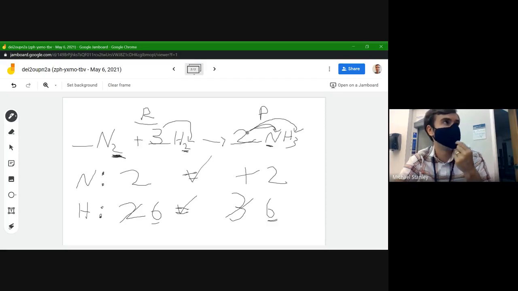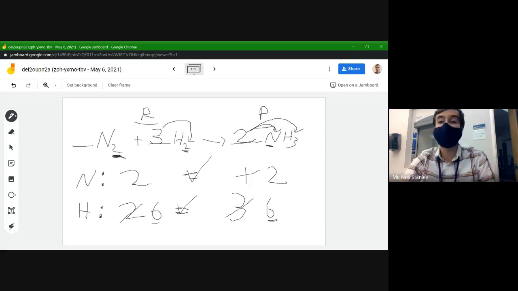So we put the 2 coefficient over here to give us 2 nitrogens over here. When we did that, it changed our hydrogen numbers. But luckily, we were then able to come over here and put a coefficient by this H2, to give us our fully balanced hydrogens. So once you get set up, it's all about change a coefficient, try to balance one of your atoms, and see what happens with the other atom.